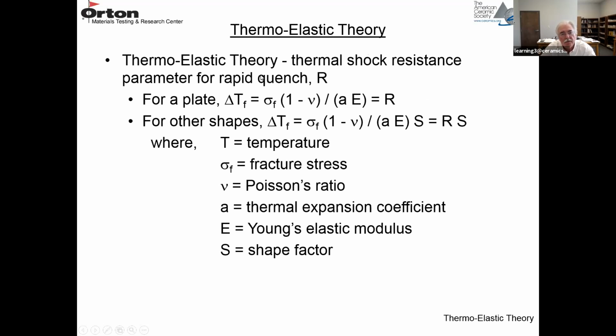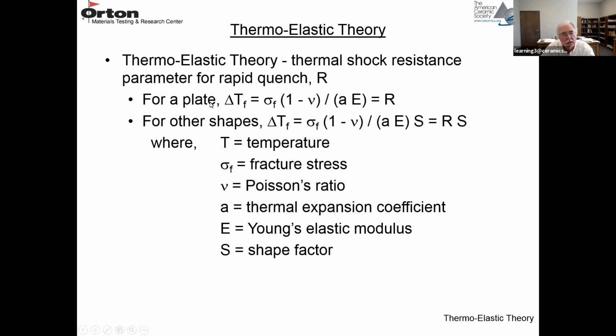So the thermoelastic theory, and there's a series of different R parameters, and this parameter R is for thermal shock resistance during a rapid quench. And we basically have developed the equation already for a rapid quench condition. We just rearrange it and put it in terms of delta T at failure.